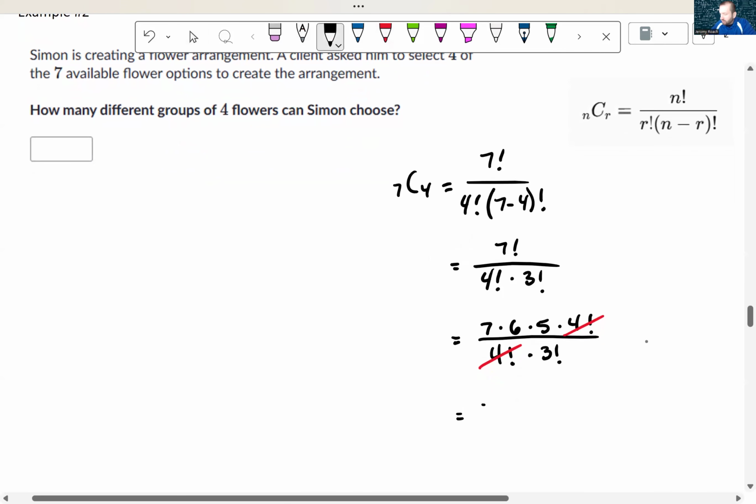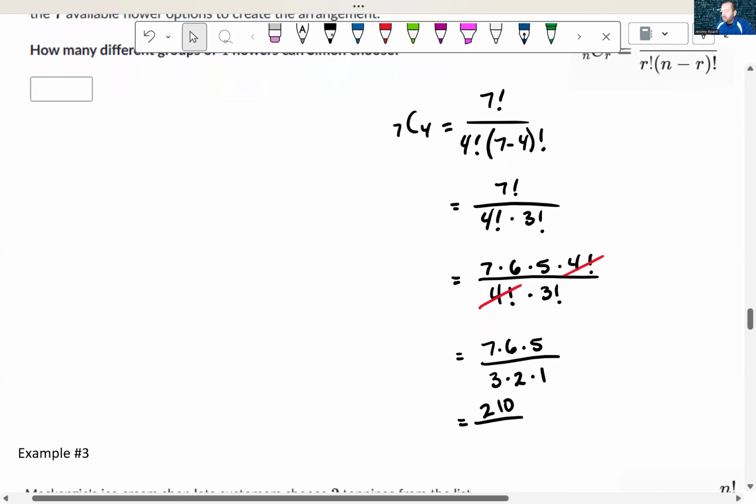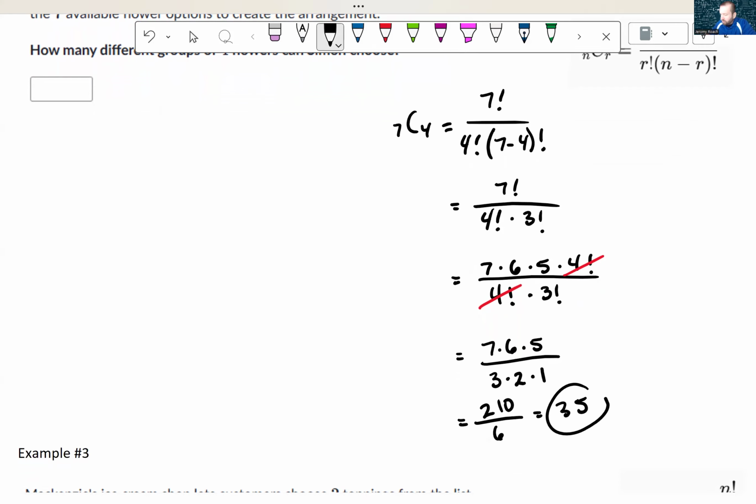Now this is 7 times 6 times 5 over 3 factorial, 3 times 2 times 1. So our numerator becomes 7 times 6 times 5, which is 42 times 5 is 210. And the denominator is 3 times 2 times 1, which is just 6. 210 over 6 is 35.